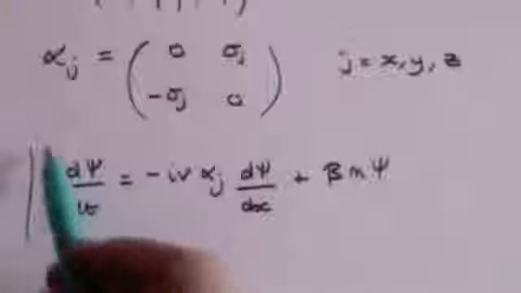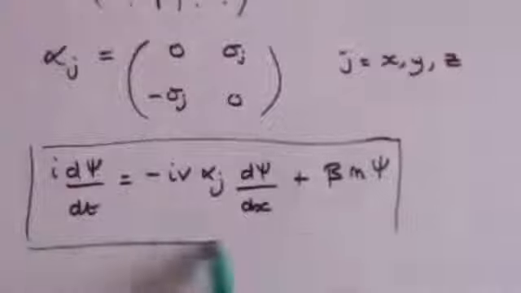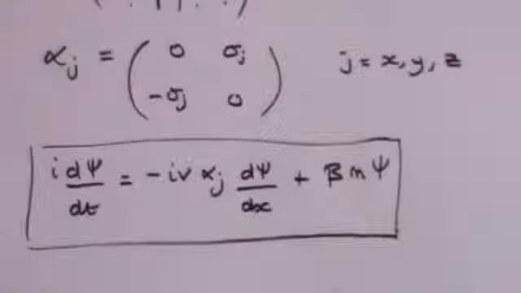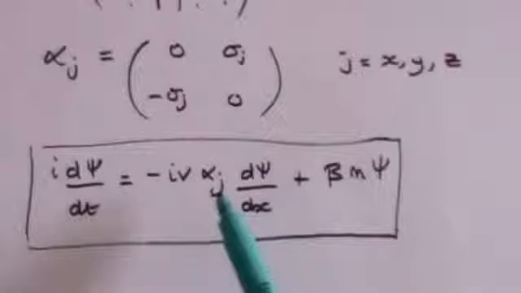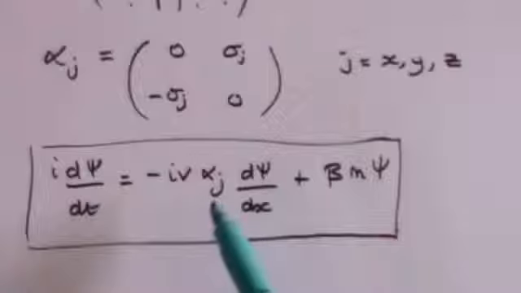And that is the Dirac equation for 3 dimensions, where you need beta, you need 3 forms of alpha, alpha x, alpha y and alpha z, each of which will take into account its respective Pauli matrix.